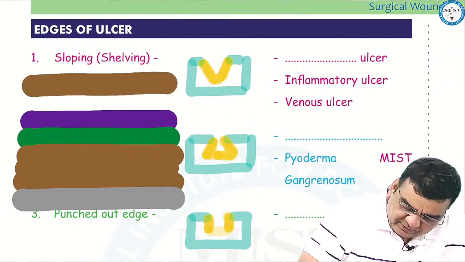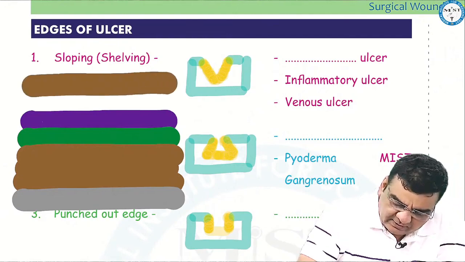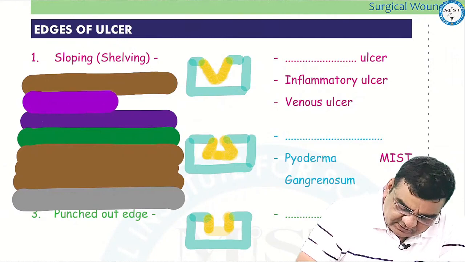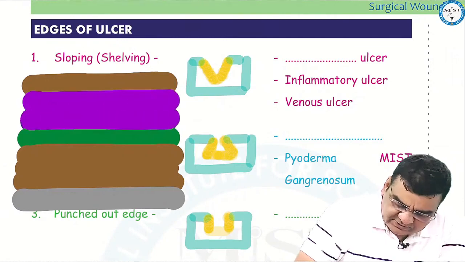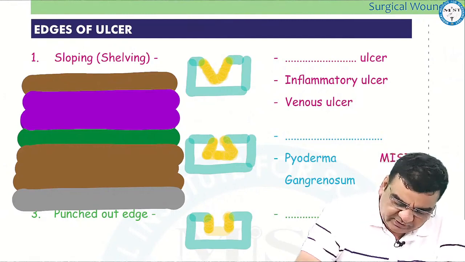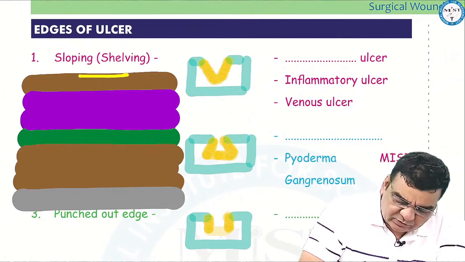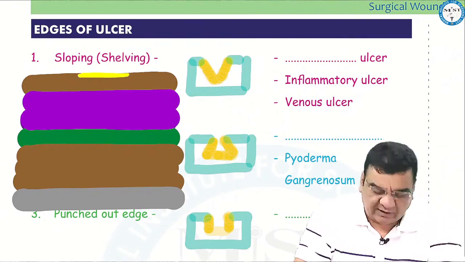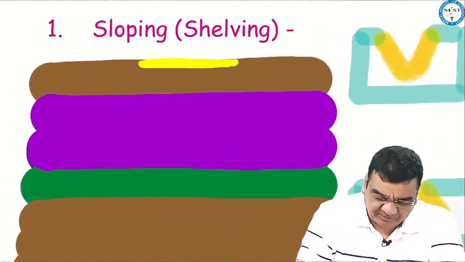Suppose this is the epidermis and this is the dermis, right? Now, an ulcer, we know, is simply a breach in the continuity of the epithelium or the mucous membrane. So, if this area is breached, that is what we call an ulcer.